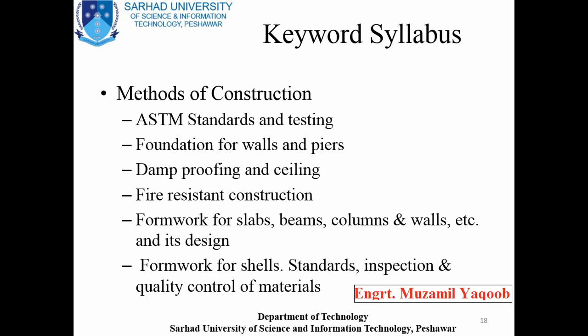After that, as you can see here, we will study different standards which are required, especially in building construction, for example for slabs, beams, columns, and roofs. The last section of this part is about quality standards and inspection for construction material.